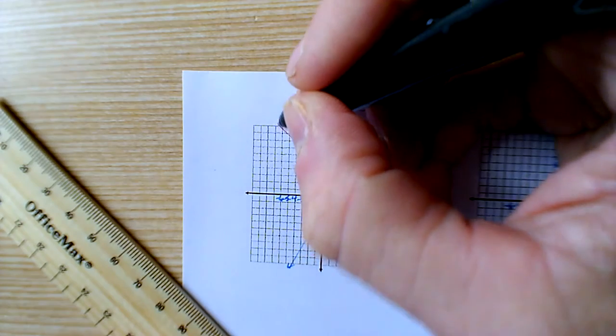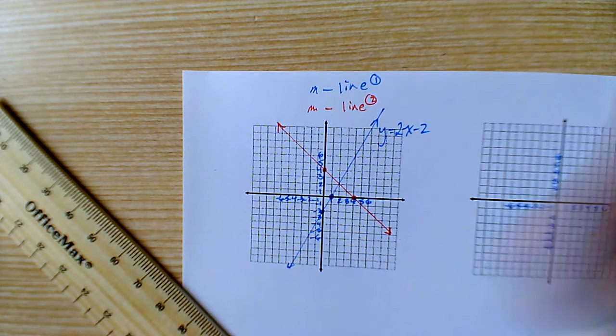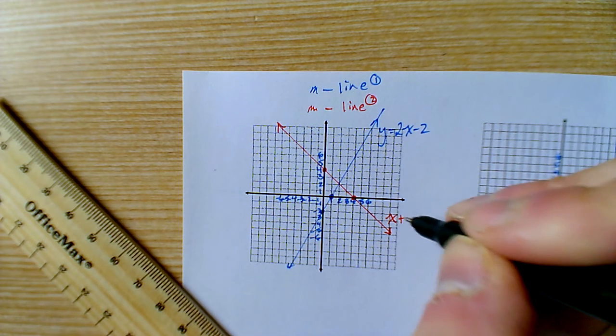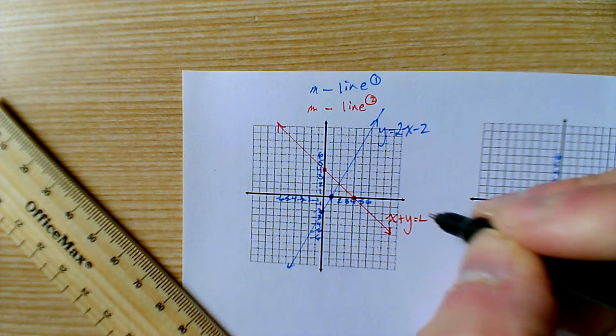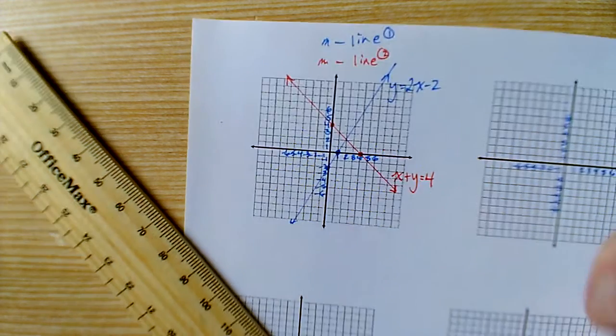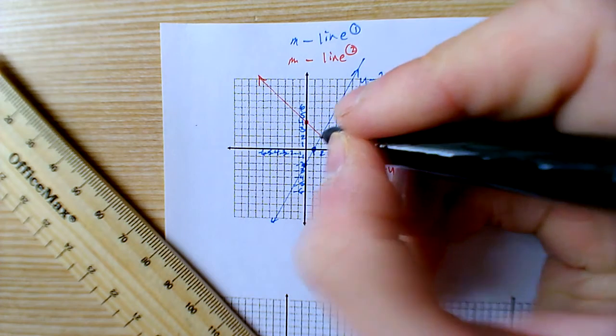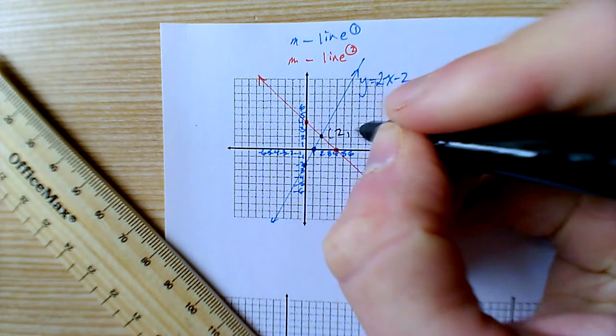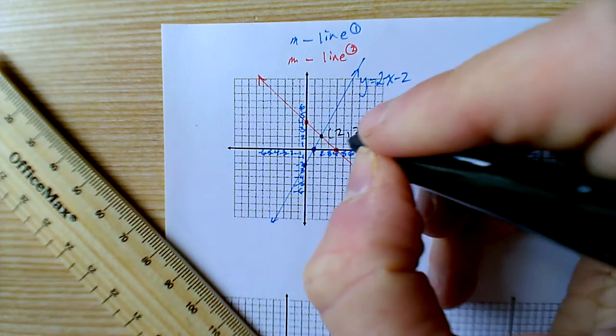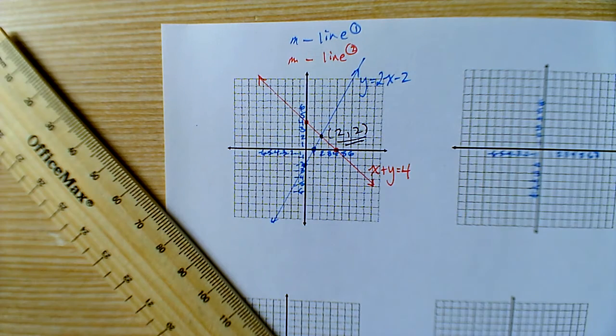Look at that beauty. And this was for x plus y equals 4. And now you can see the point of intersection very clearly is right here, and that's at 2, 2. So our solution is 2, 2, and that is our solution.